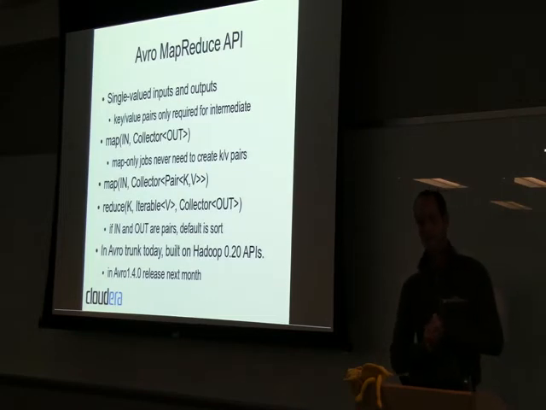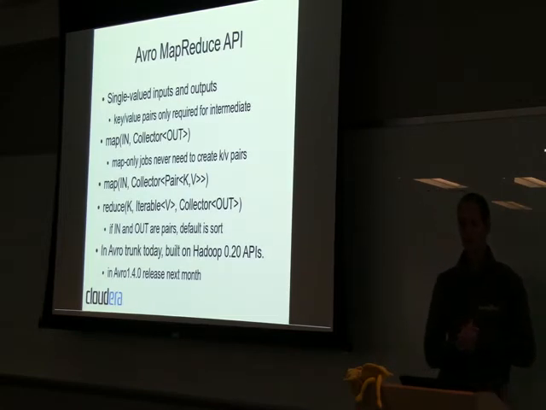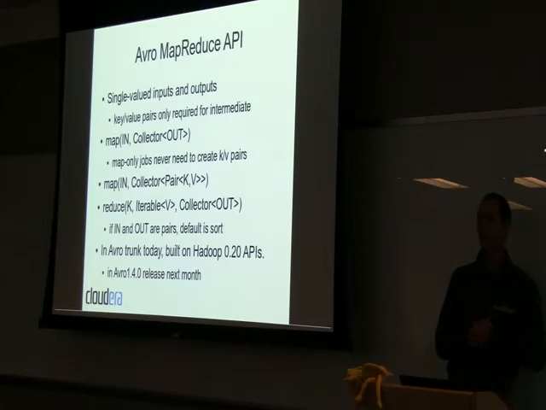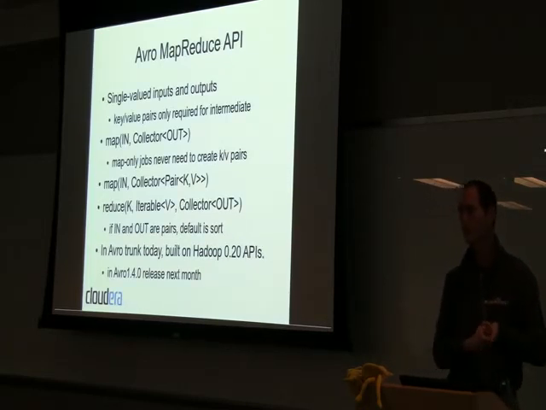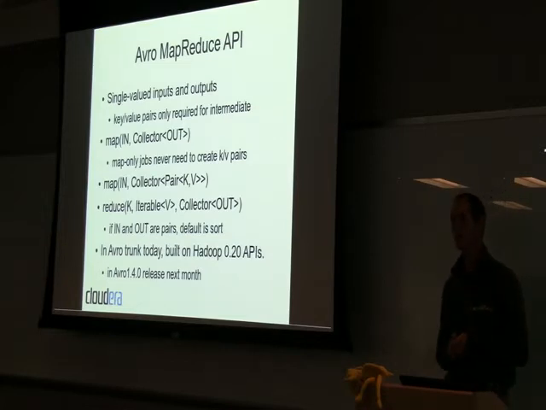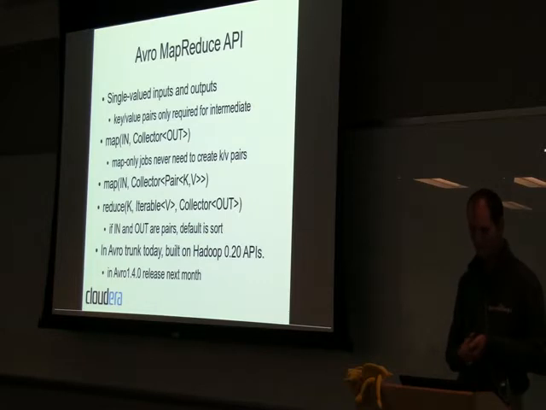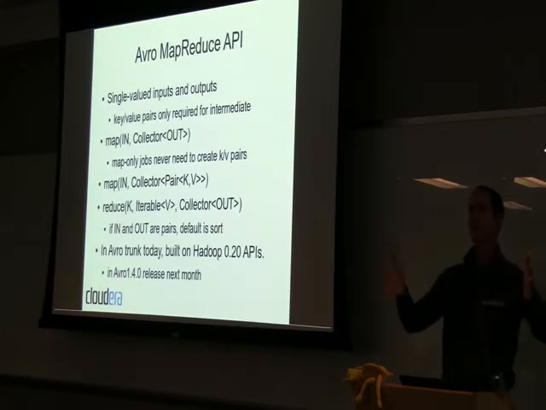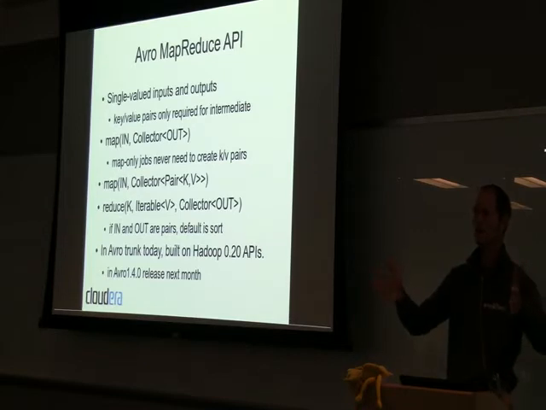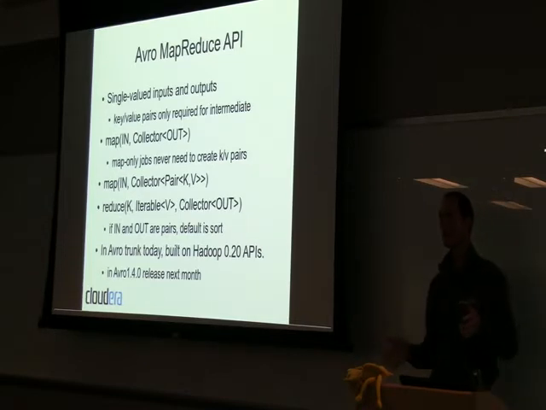By default, if your input and output happen to be paired data, then it will do a sort as is customary in MapReduce. That makes sense. A lot of Avro's data files just have a collection of records, not a collection of key-value pairs like sequence file, and that's commonly the case.